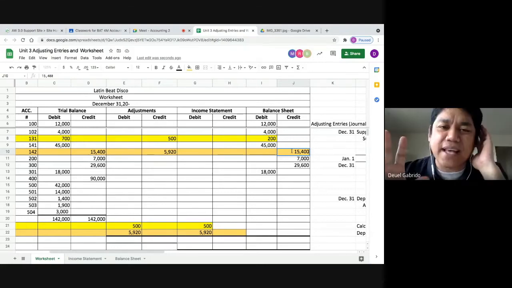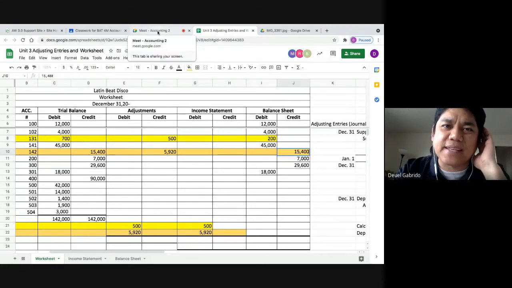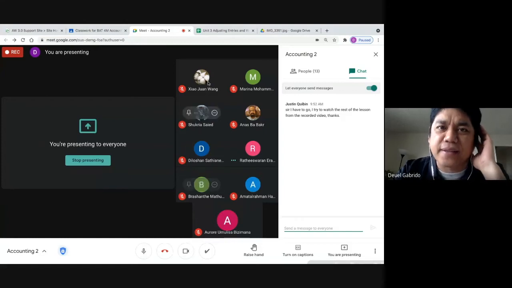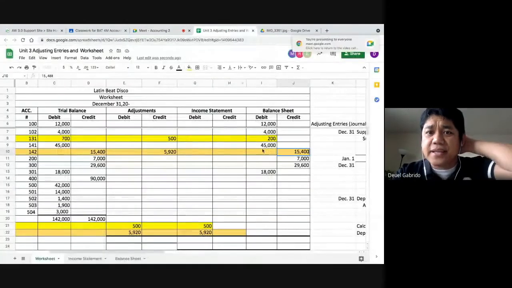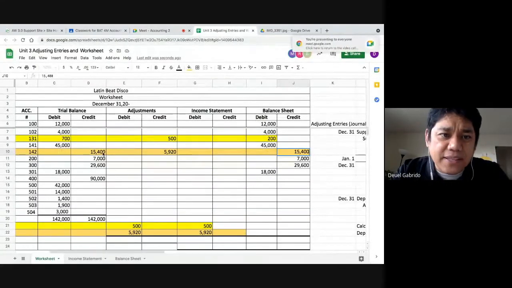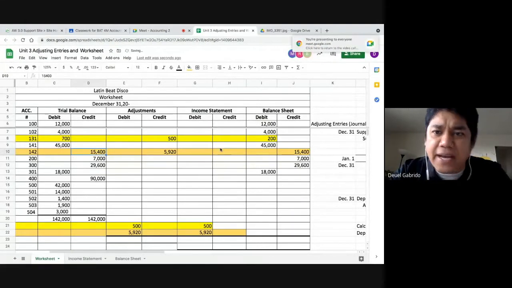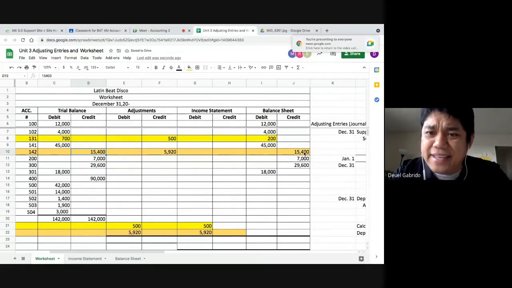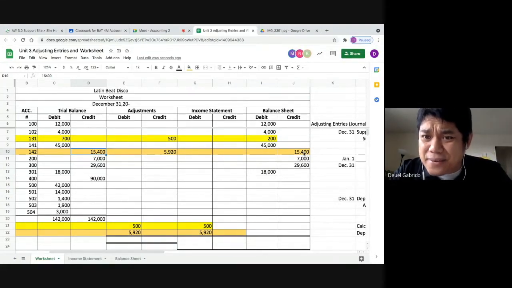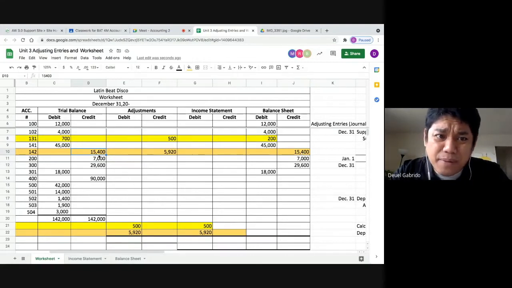Mute and then unmute if you want to speak. Someone's microphone is on. Thank you. So look at this. At the beginning, it's 15.4. I put 15.4 again after 1 year. What do you mean by that if I do it? Is that correct, guys?